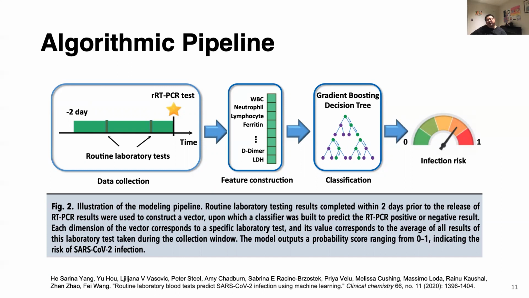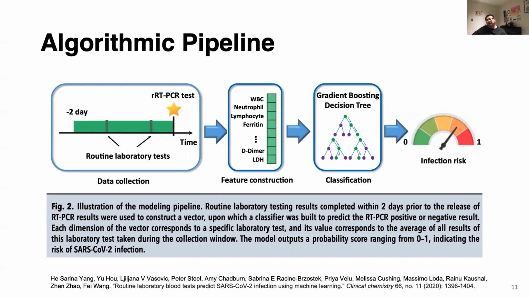Essentially, we collect the routine blood test results of the patient within 2 days before the RT-PCR test, and we construct what you can think of as a high-dimensional vector, where each dimension of that vector corresponds to a unique routine blood test, and the value corresponds to a summary statistic, because one routine blood test can be ordered multiple times within the 2-day period.